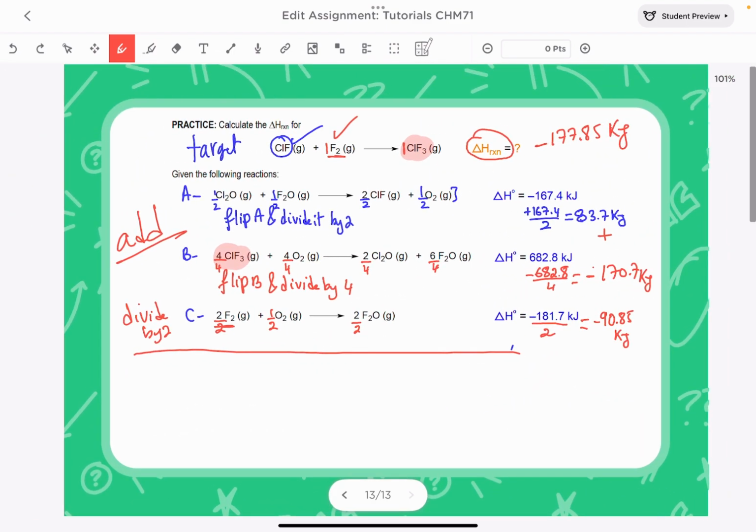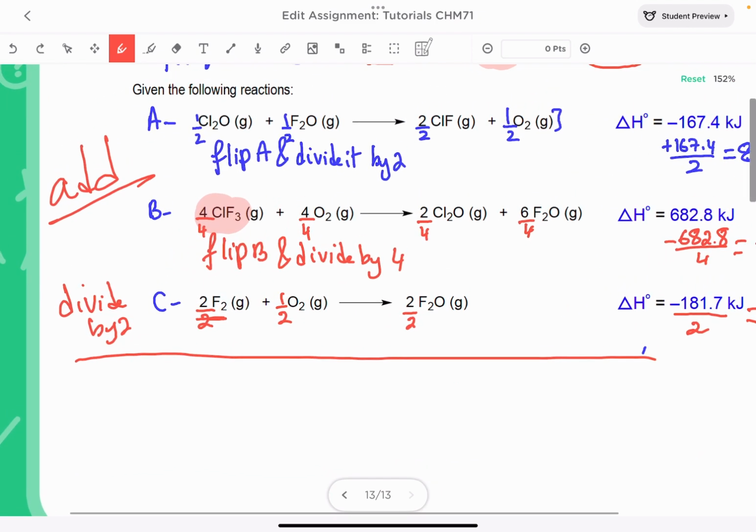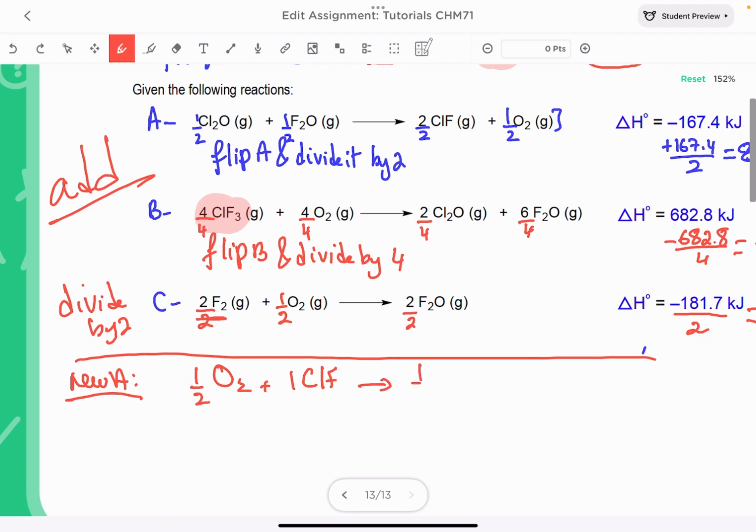Now, if you want to make sure that you got the original one, you can simply copy the new equation A. So I said we flip, so half O2 plus 1 CLF and half Cl2O and half F2O. The new B is going to be flip B and divide by 4.